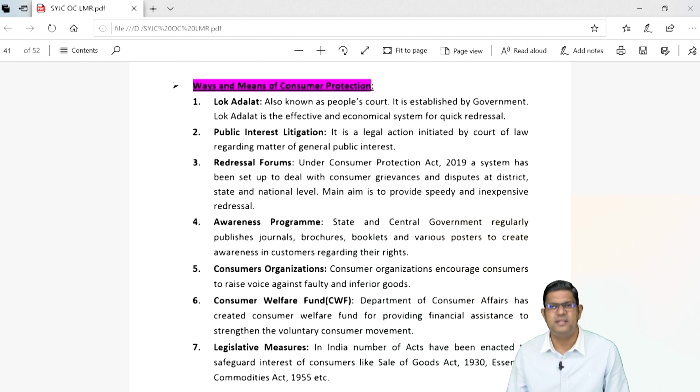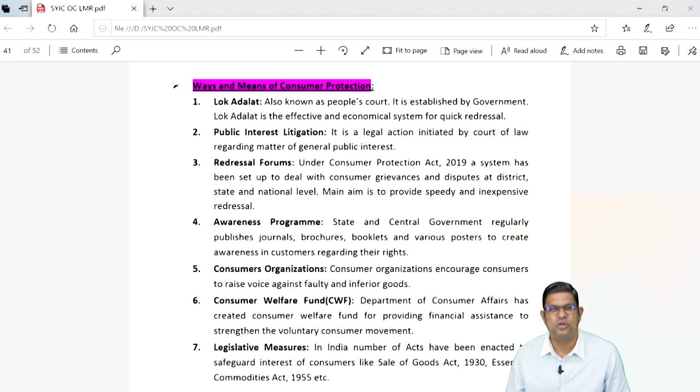So public interest litigation is actually a legal action that is initiated in a court of law. मतलब अगर आप ऐसा कोई केस पुट अप करना चाहते हो which is for the benefit of the entire public, जनरल पब्लिक के बेनिफिट के लिए, तो such a type of case is called public interest litigation and such a type of case need not wait for the court. मतलब कोर्ट में एंटर करने के लिए उसको वेट नहीं करना पड़ेगा, उसको प्रेफरेंस मिलेगा.